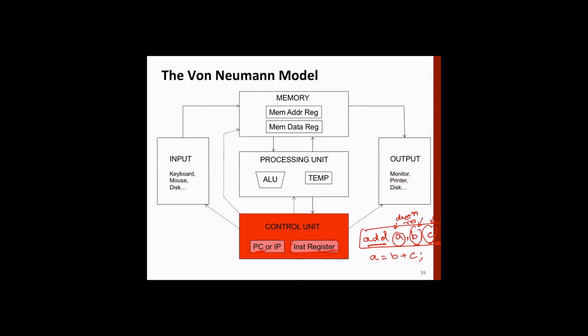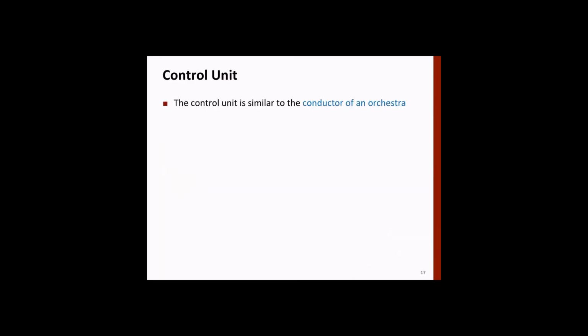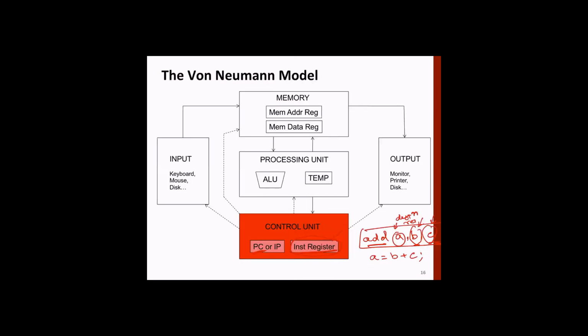Okay, we'll come to these registers a little later. The role of the control unit is like that of a conductor of an orchestra. It tells everyone what to do, so it generates control signals.